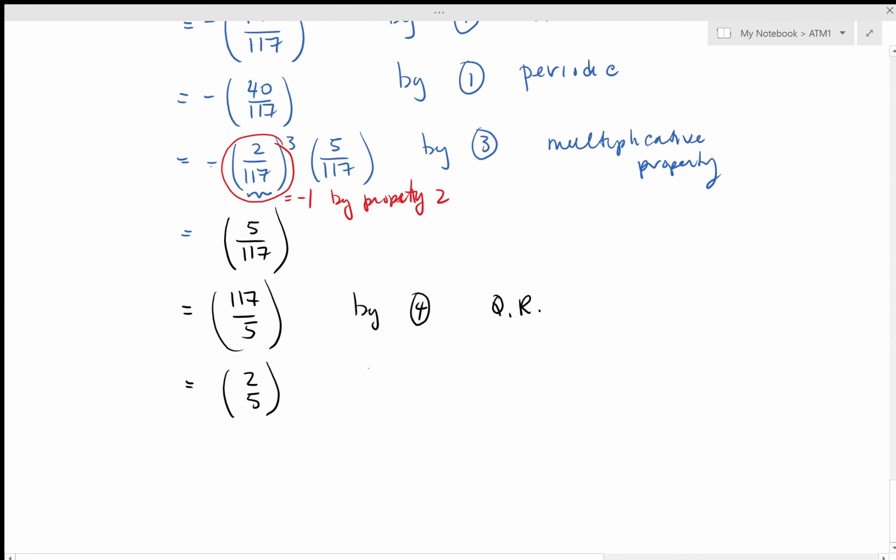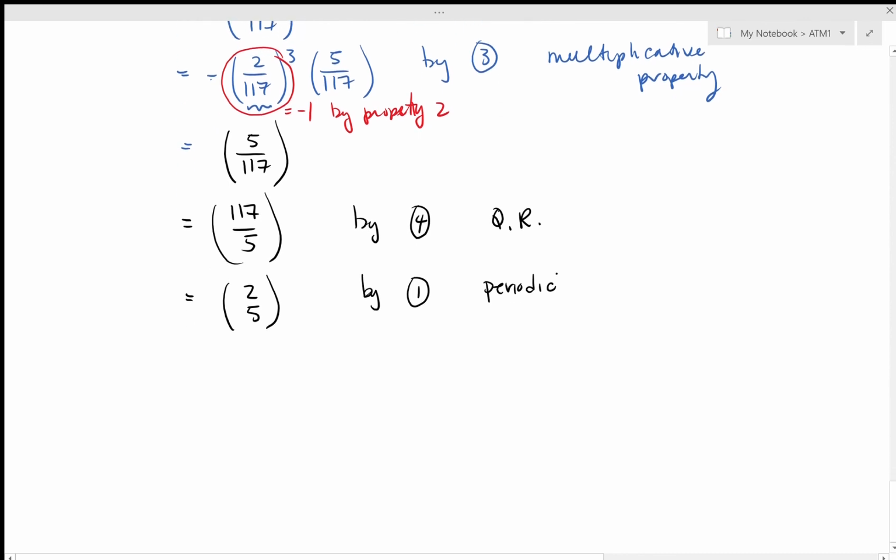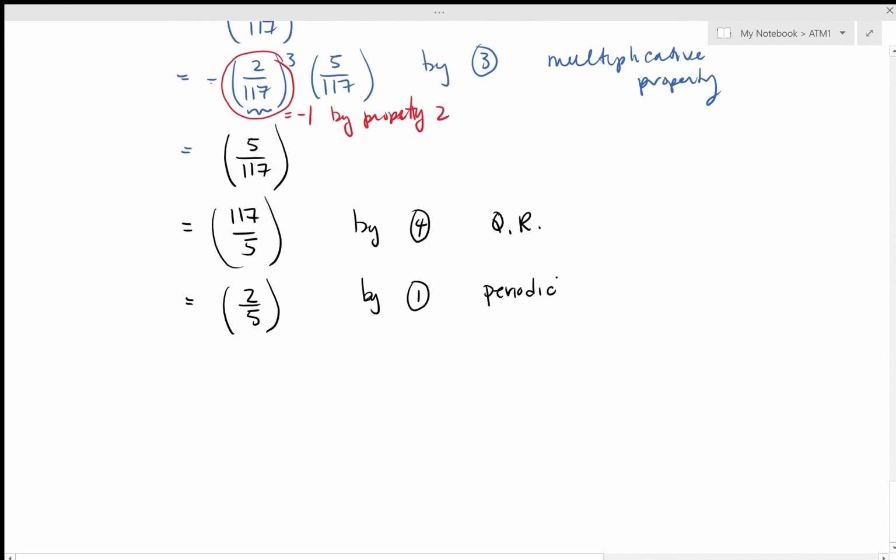And that is by property 1, the periodic nature of the symbol. Okay, and then I don't know, you could do this fairly easily, even now by brute force, or we could say this is minus 1 by property 2.